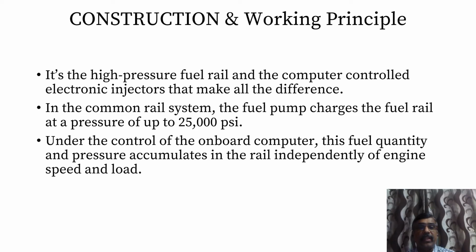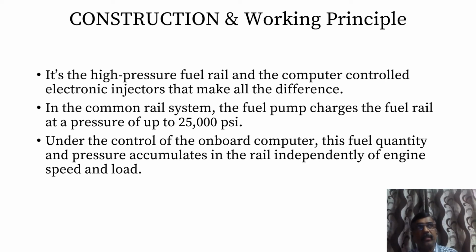Now let us see the construction and working principles. Already we have seen in the first diagram how all the four parts are connected. It is a high pressure fuel rail, and the computer controlled electronic injectors that make all the difference. The fuel pump charges the common rail at a pressure of 25,000 psi.